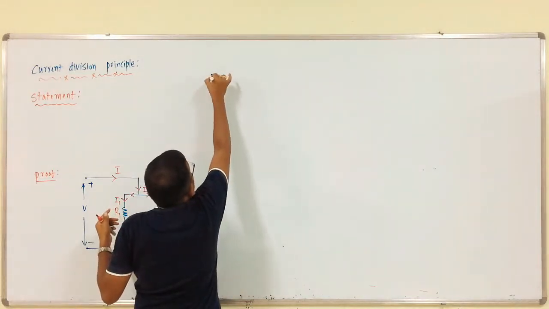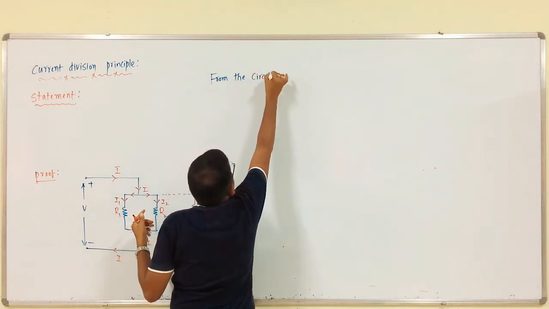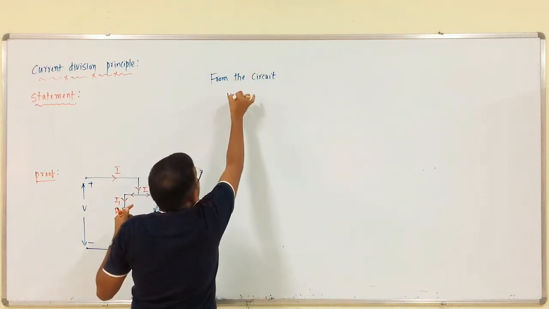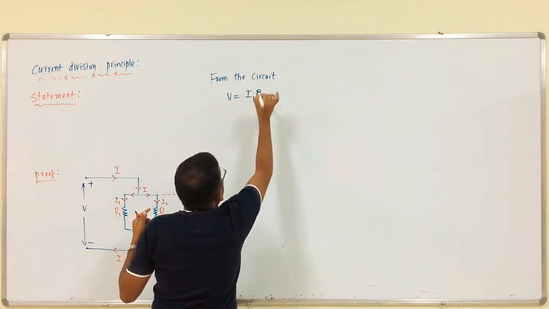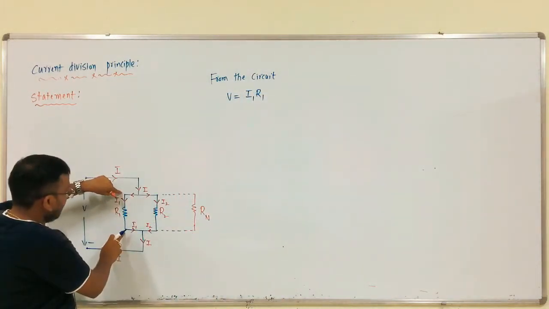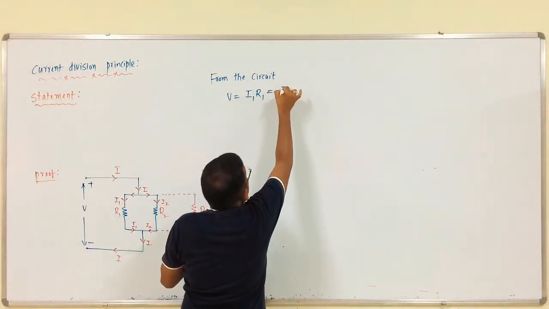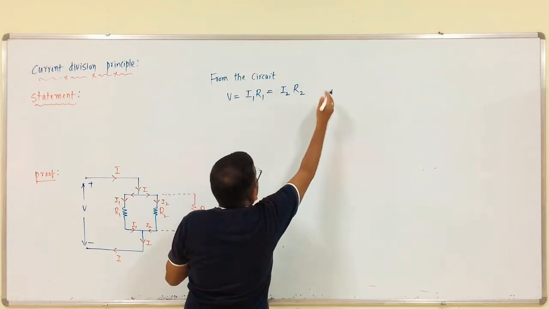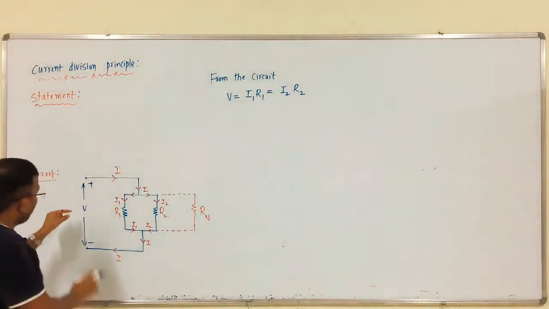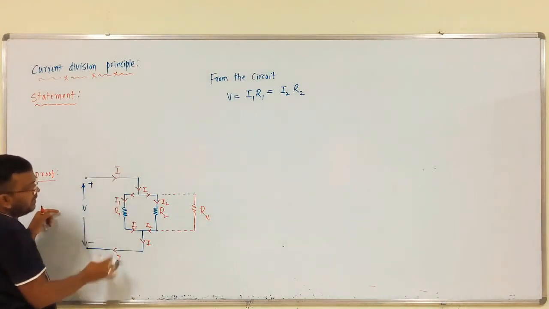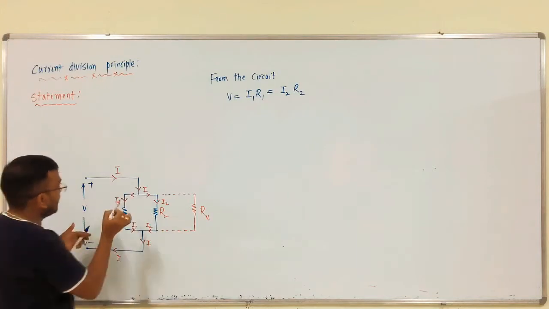From the circuit, the supply voltage V equals I1 R1, across this it is also V, which equals I2 R2. Then we have the supply voltage and the source current, but between these two branches, what is the equivalent resistance?